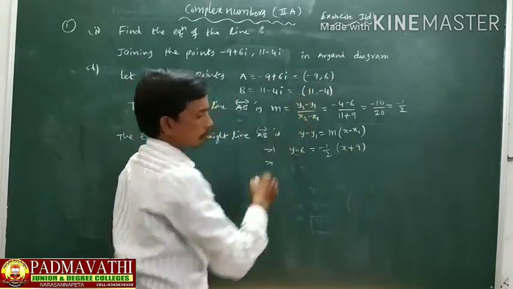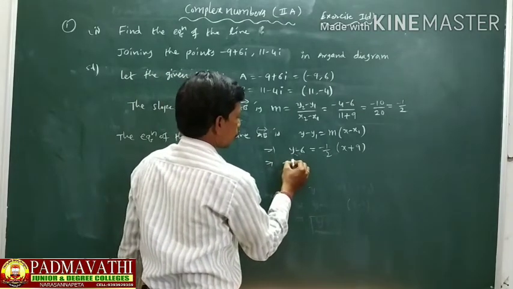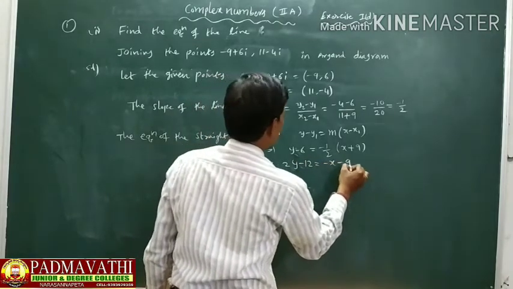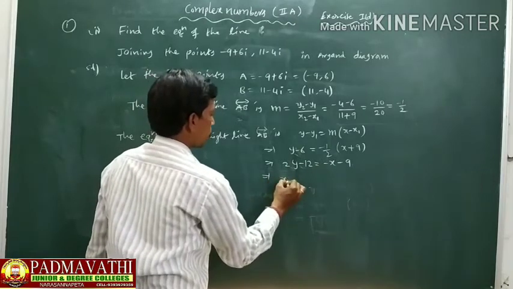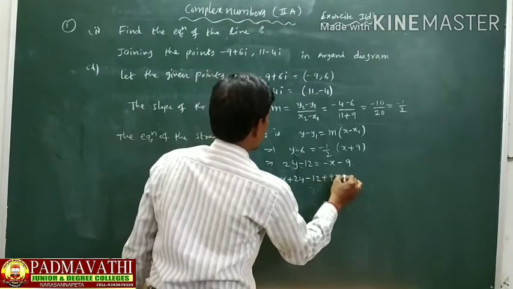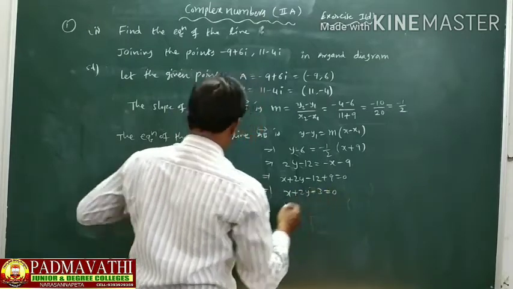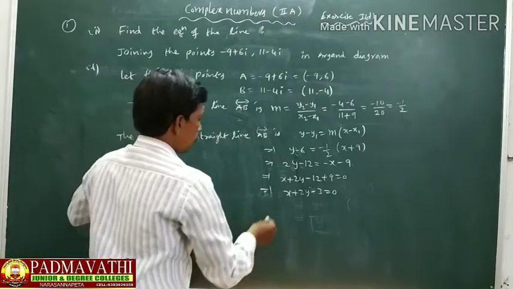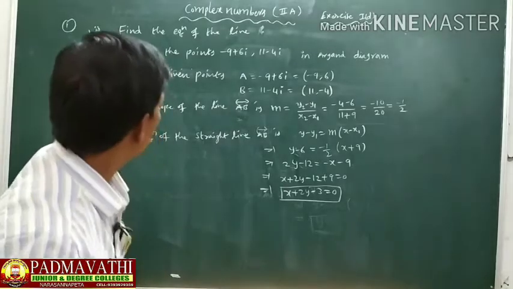By cross multiplication, 2y minus 12 equals minus x minus 9. So x plus 2y minus 9 minus 12 plus 9, that implies x plus 2y minus 3 equals 0. That is the required straight line equation. Now next problem.